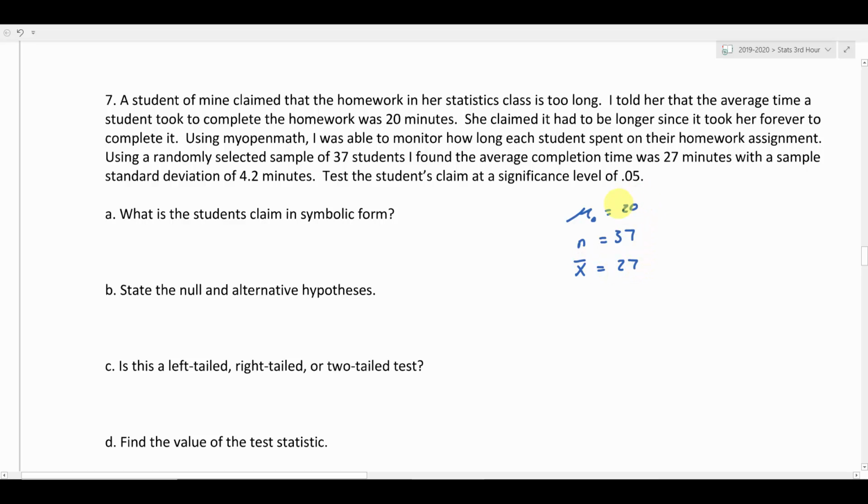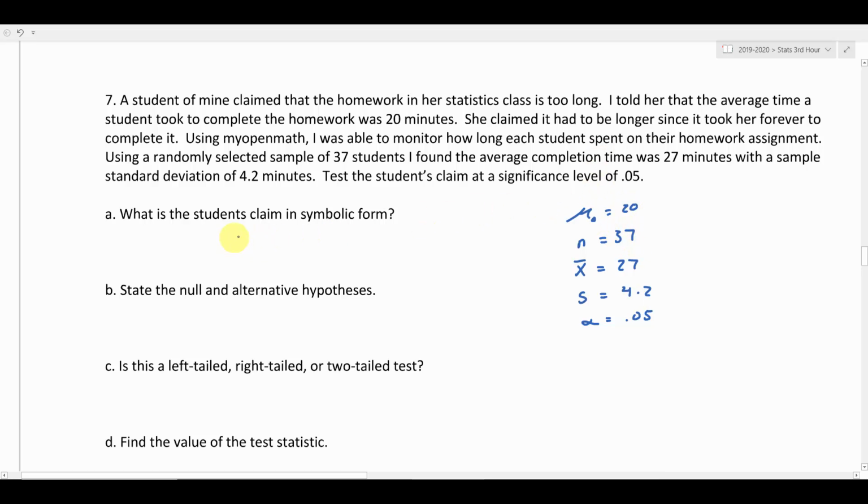So we were expecting 20, we got 27, and it had a standard deviation of 4.2 minutes, and that's a sample standard deviation. I'm going to put 4.2 for that. And we want to test the claim at a significance level of 0.05. So alpha will be 0.05. That should be all of the important information that we got from that problem.